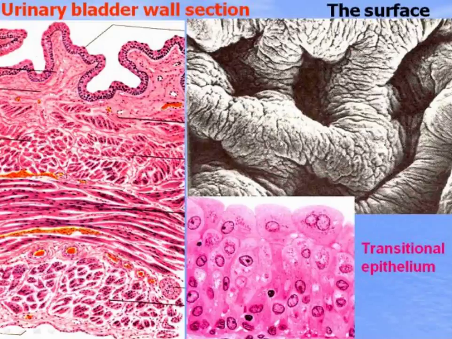The mucous membrane composes folds. They are visible under the scanning electron microscope. And here is transitional epithelium in the free state of the bladder. The surface epithelial cells are round in shape, and here are several layers of intermediate cells.